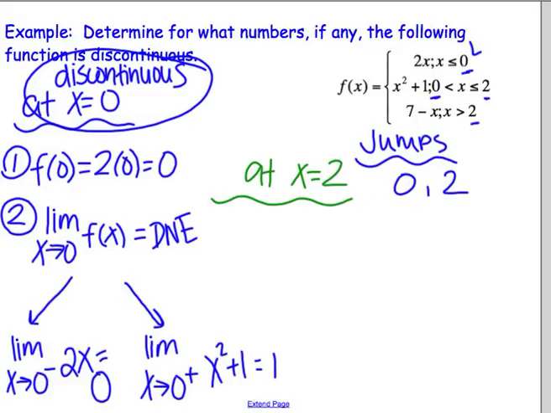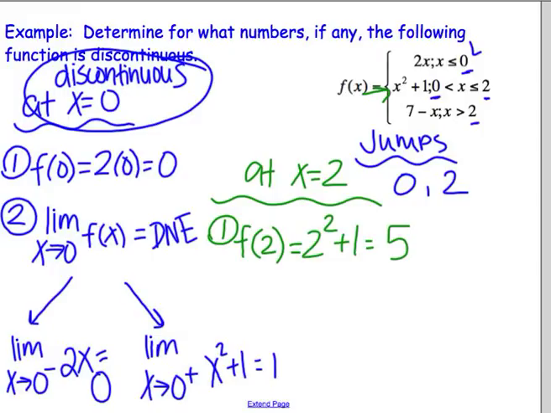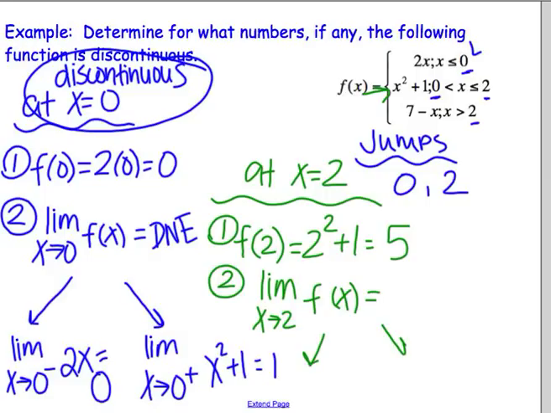So now we'll go through the same process at x equals 2. F of 2, if I plug a 2 in for x, I'm going to be using x squared plus 1, which is 5. I need to check my limits now. Remember, we want to check them from both sides of this function.